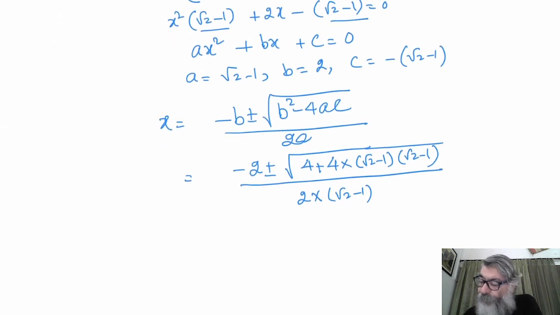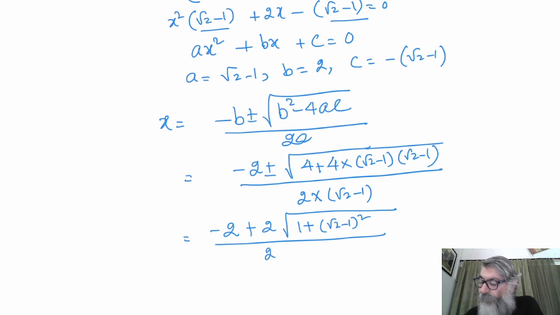It is minus 2, and since we are going to calculate tan 11 1/4, I am going to take only the plus sign, not plus minus. Out of this 4, 2 will come out, and inside will be left 1 plus (root 2 minus 1) whole square, upon 2 into (root 2 minus 1). We will divide everything by 2.